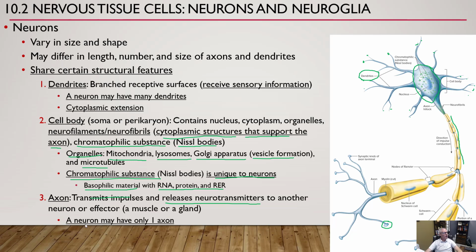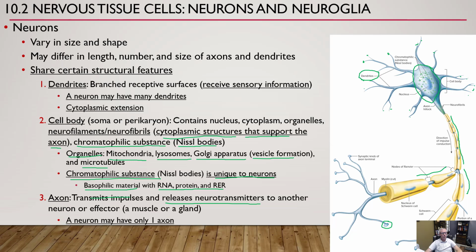So a neuron can only have one axon, but it can actually branch off into many different collaterals. And last chapter, we saw that axon branched off into 4 collaterals. This axon branches off into 2 main collaterals.